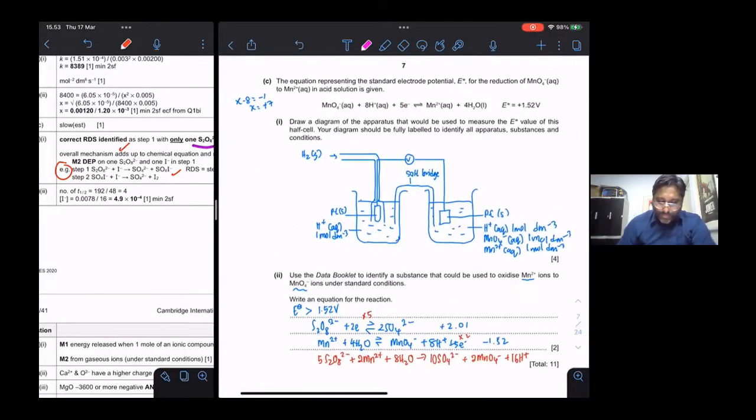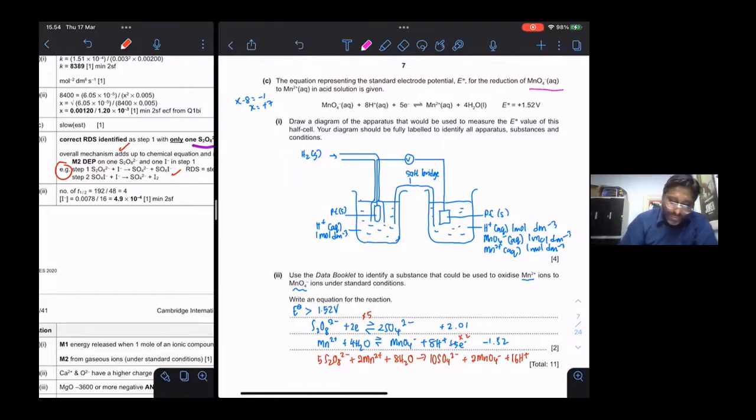We have this equation representing standard electrode potential for the reduction of this compound, in the acid solution that is given. So the E value is 1.92 over there. Okay, so now they want you to draw a diagram for the apparatus that we will use to measure the E value.